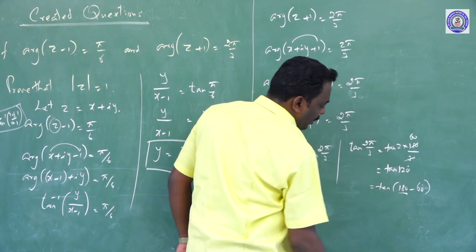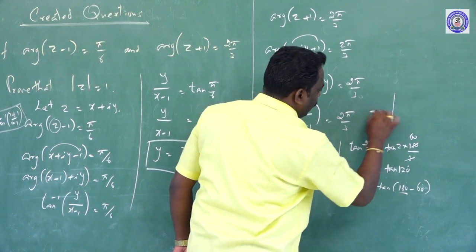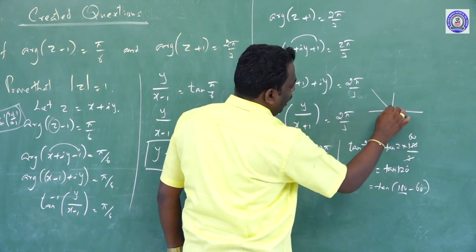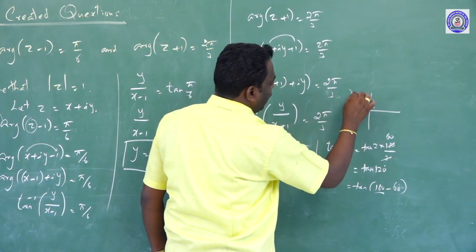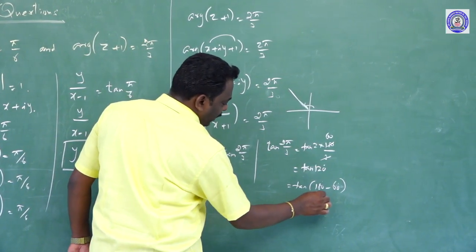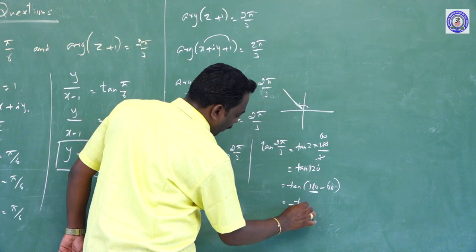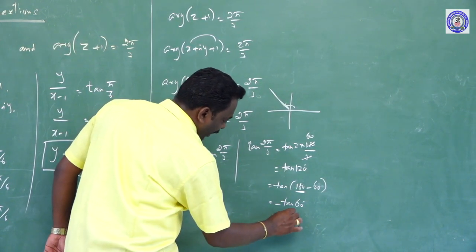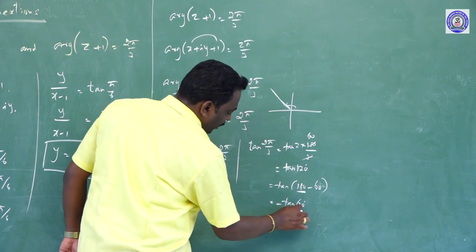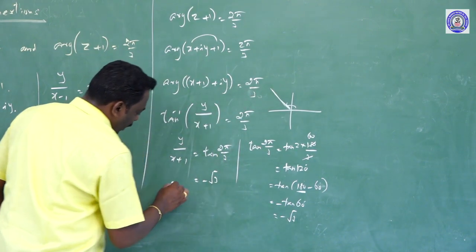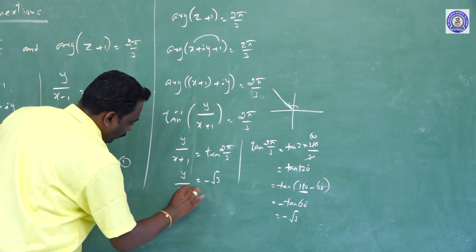Pi is 180, so this lies in the second quadrant. 180 minus theta lies in the second quadrant, where the tan value is negative, and for the supplementary angle the tan magnitude is the same, with theta equal to 60. Tan 60 degrees is root 3, so we get minus root 3, equal to y by (x plus 1).